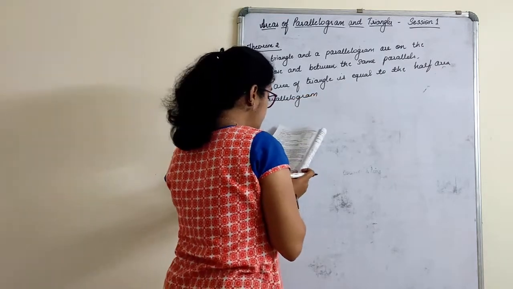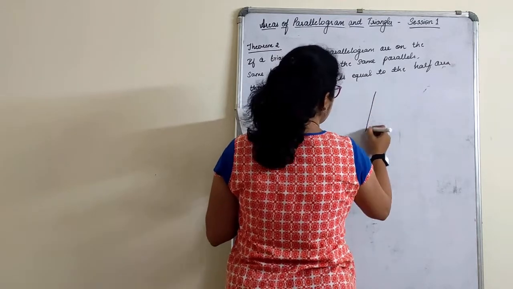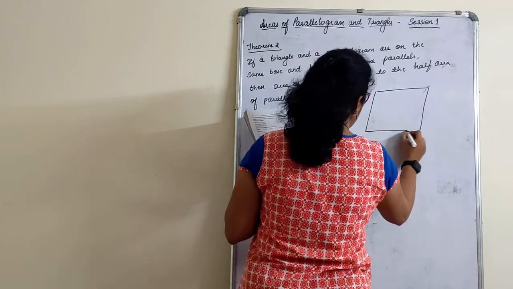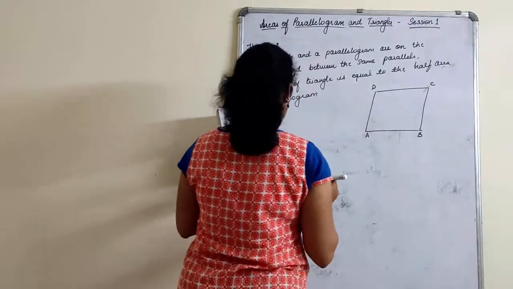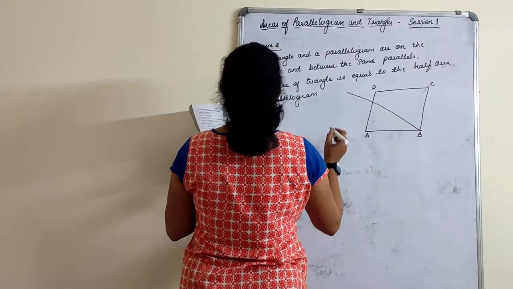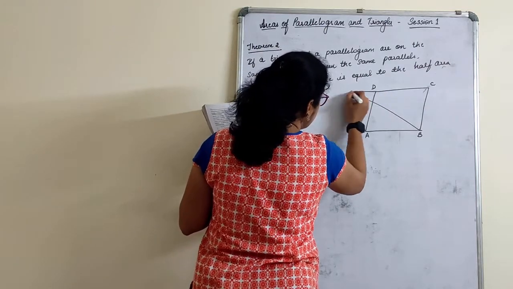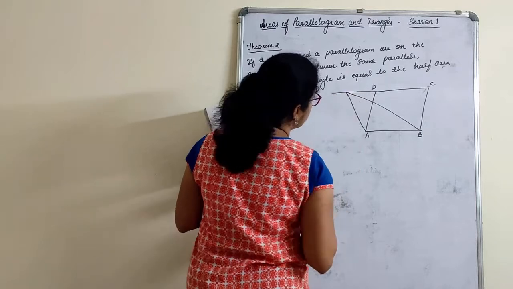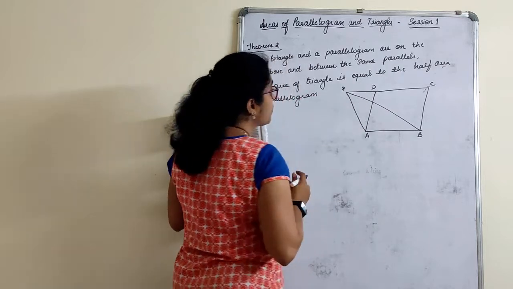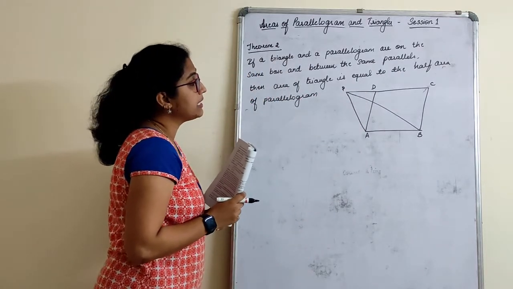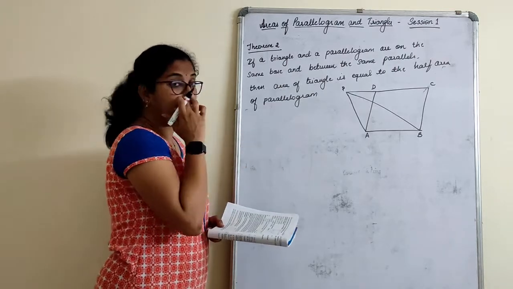Okay, so first of all, let us draw a parallelogram. Parallelogram ABCD, let us assume that this is a parallelogram ABCD, and a triangle if I draw here, I want to extend this line and make it a triangle, ABP. So triangle ABP and parallelogram ABCD are standing on the same base and between the same parallels.